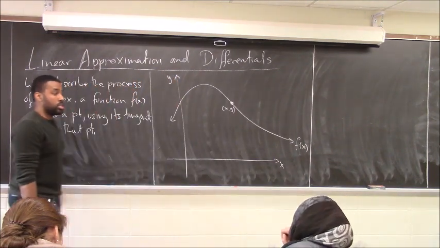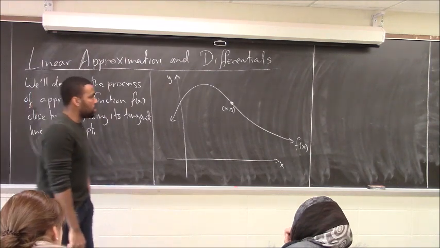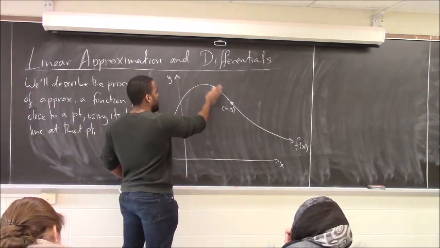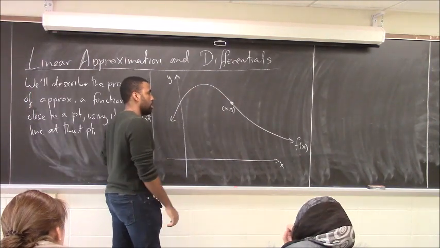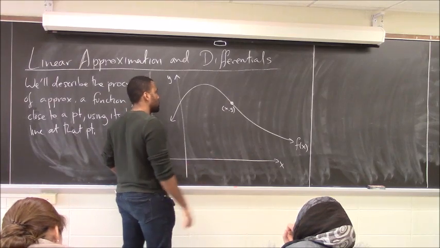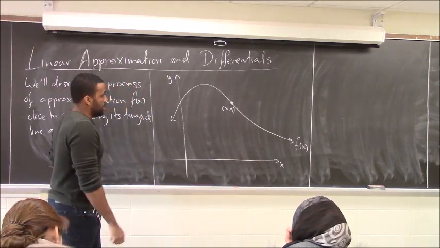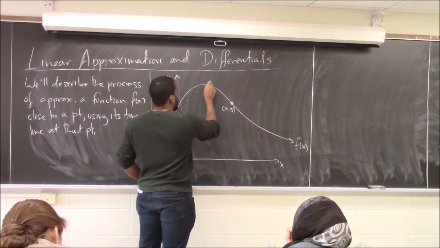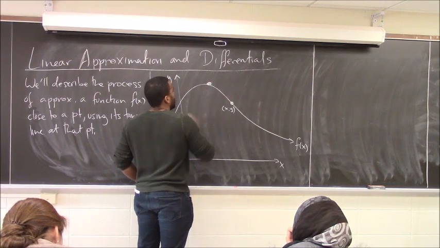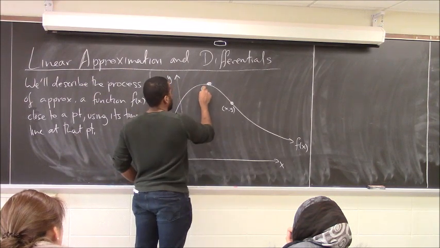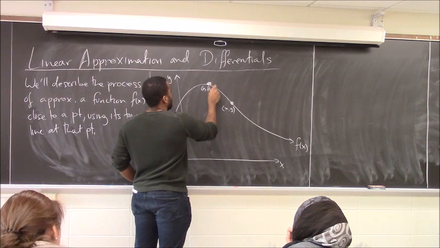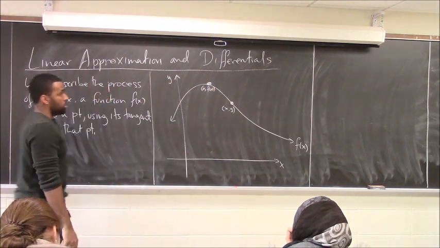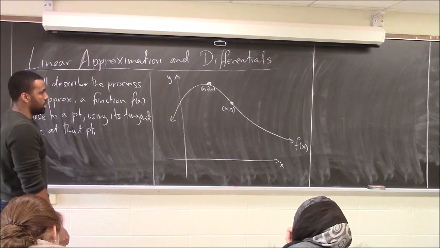Maybe you actually want to predict the future somehow. You know about all past events before this point, and you want to know what's going to happen a little bit ahead. Let's say at this point, A comma f of A, we have the information, and we know how to deal with the function there.